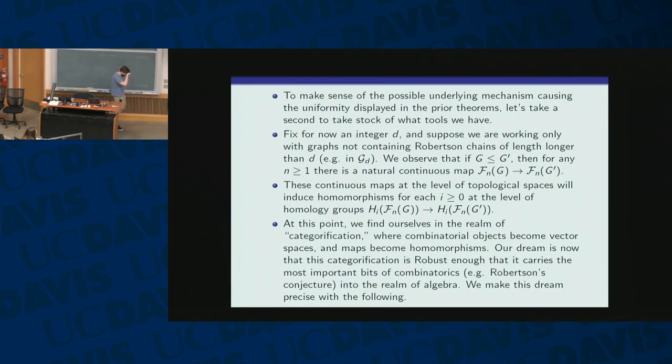It's a scary word, but it actually has a very simple motto, which is that anytime you have an integer, that integer is secretly the dimension of a vector space. To me, this is what categorification is. And the algebra of that vector space is somehow encoding the combinatorics that you started with.